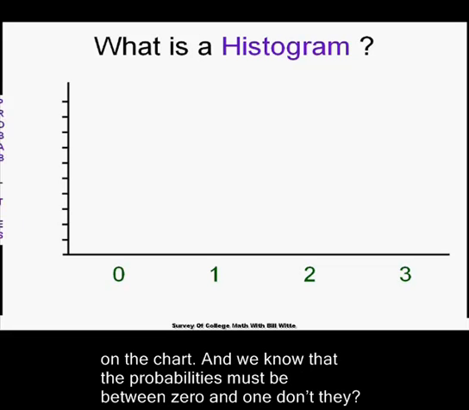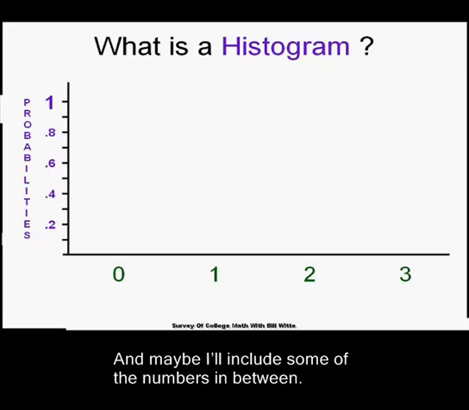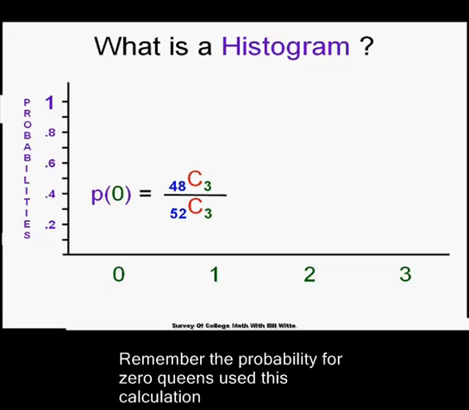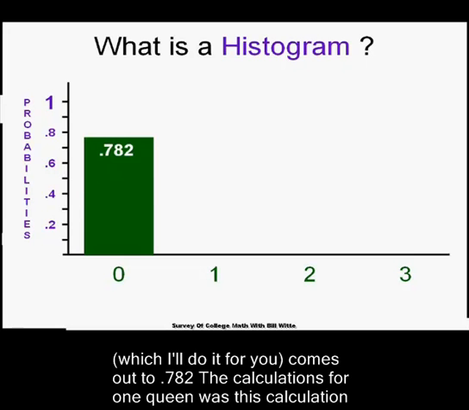Of course, those numbers, since they're probabilities, are always between 0 and 1, or any number in between. The probability of 0 queens we calculated, and if you put it into your calculator, we get approximately 0.782.